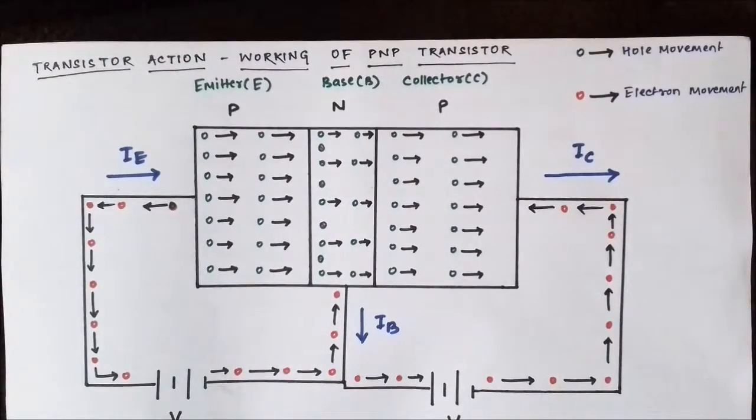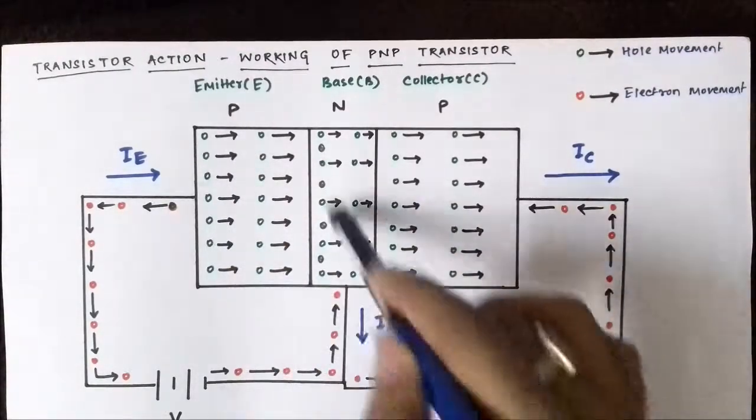It is because holes are a hypothetical concept. Holes never move, they are vacant sites or vacant spots which are occupied by electrons. There is no such thing as movement of holes. The only thing which moves is the electron.